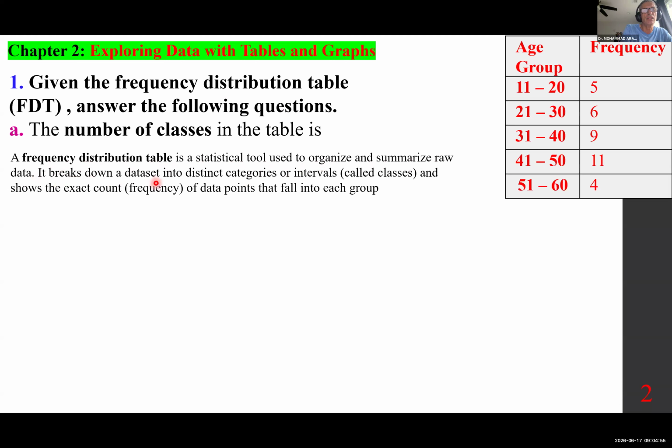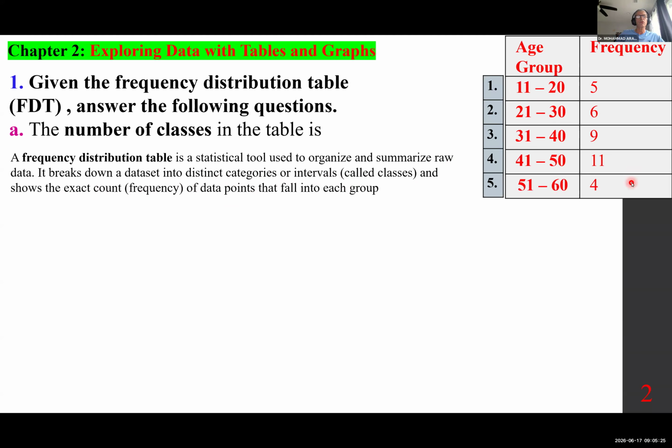It breaks down a data set into distinct categories or intervals called classes. This is the first interval, second, third, fourth, fifth, and shows the exact count or frequency of data points that fall into each group.